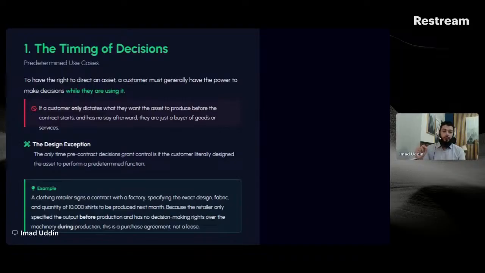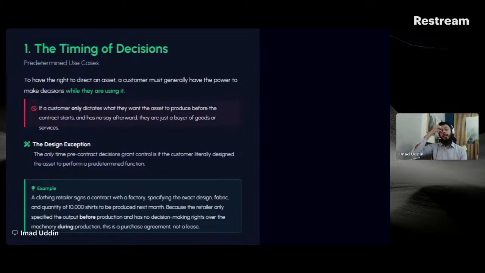And the only exception to this rule is the design exception. For example, if the asset was designed so specifically for my purpose that even though I'm producing only one particular thing, I do not have any flexibility as to what I produce from it. But because I designed it, I pretty much designed the asset, therefore I now have the right to use that asset. But let's say the asset could actually produce a few more things.